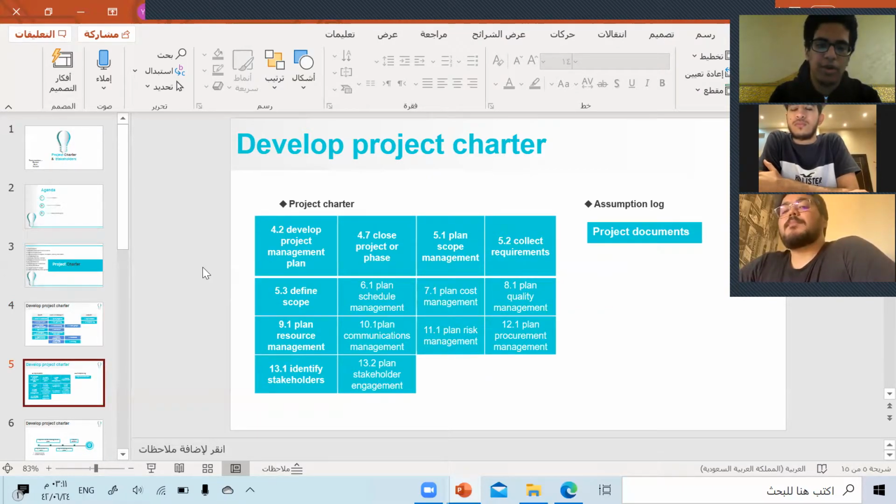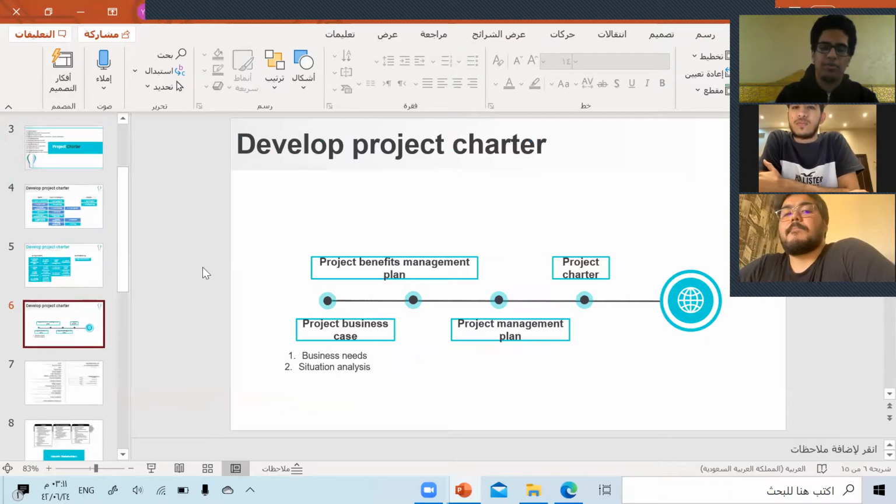All of these, including sections 4.2, 4.7, 5.2, 5.3, and 13.2. And the assumption log is an input for just one thing, which is project documents.